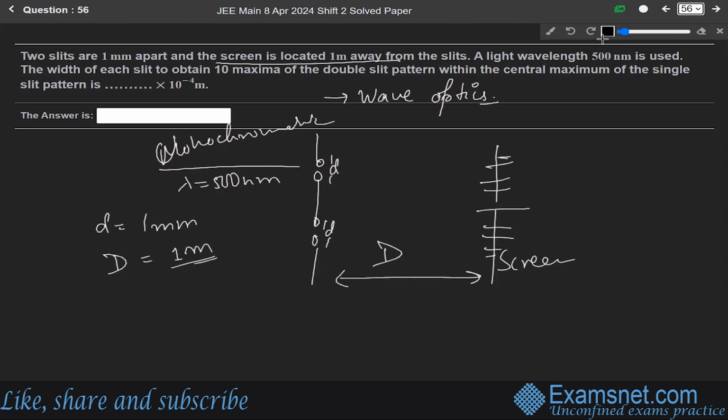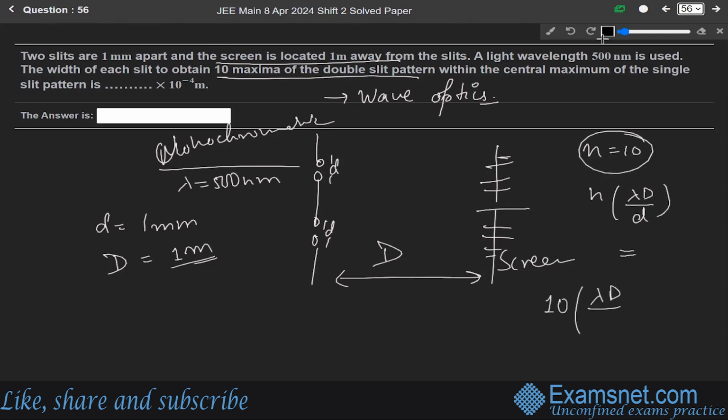Okay. And we have to find the width of each slit to obtain 10 maxima of the double slit pattern. So n equals 10 means 10th maxima. For this we will write n lambda D over d equals, n is 10, so it will be equal to 10 lambda D over d.